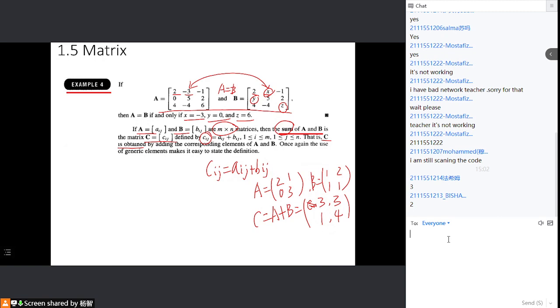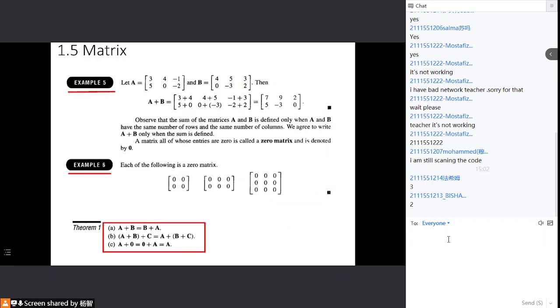Also, you can sum more than two matrices, maybe 4 or 5 matrices together. But the condition to sum matrices is that the shapes of the matrices must be the same. Next, look at example 5.